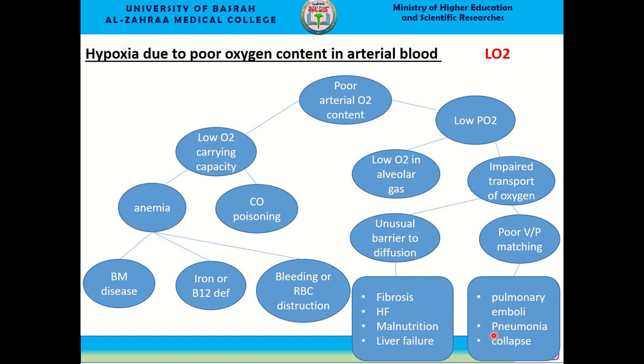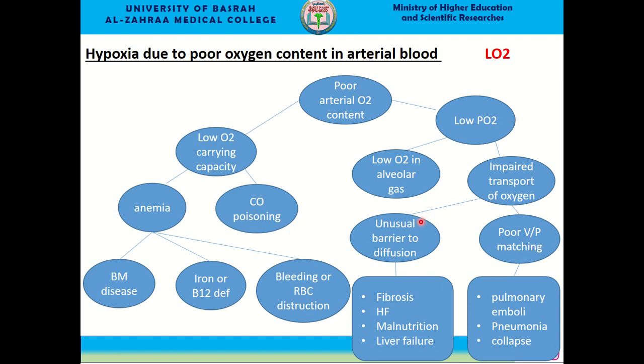So there is blood, but there is no effective diffusion of oxygen because of the loss of function of the alveoli because of pneumonia, or because of collapse of the lung. All of these three conditions will result in ventilation perfusion mismatch.